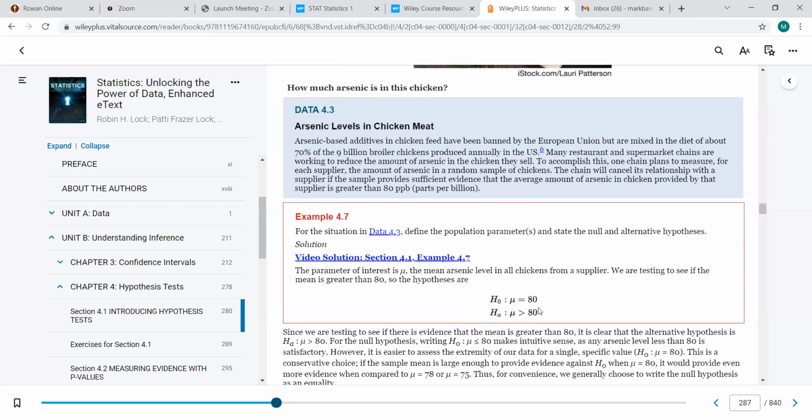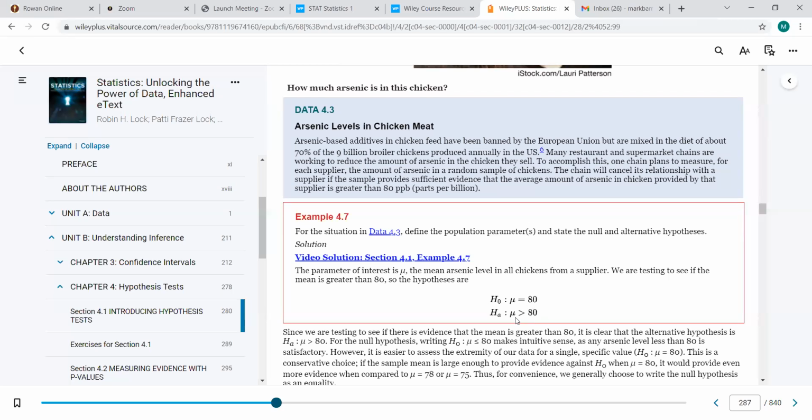Well, you could have stated less than or equal to 80, but the way we set up hypothesis tests, we always do the null hypothesis as equal to. Even if we mean less than or equal to, we put an equal to there. And then the alternative hypothesis is that the population mean is greater than 80.